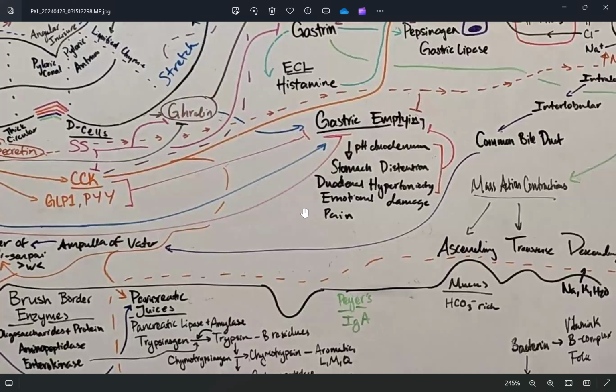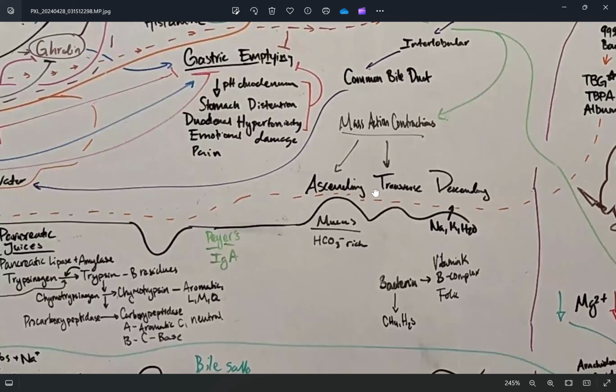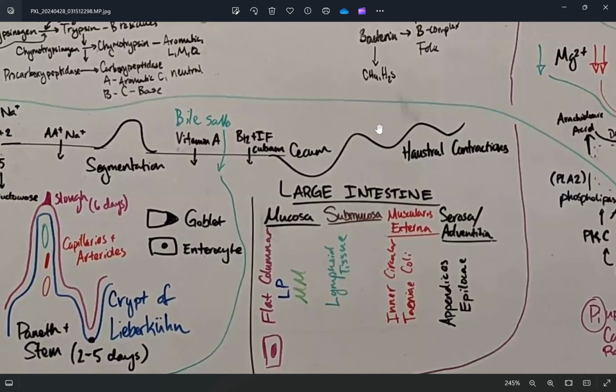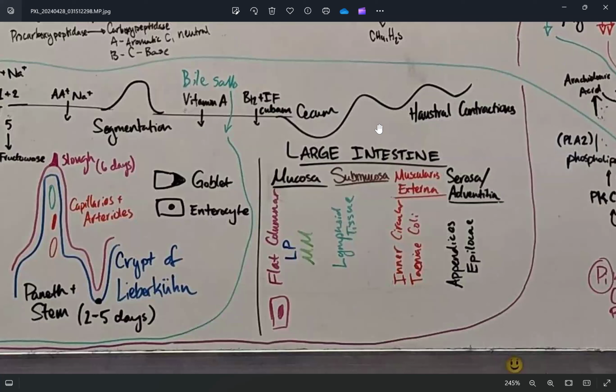In large intestines. Poop. Okay, poop, yes. In large intestines, for anatomy, you have your mucosa, it's now flat columnar, no villi. You don't need as much surface area as the small intestine. Your submucosa, in particular, will have lymphoid tissues.